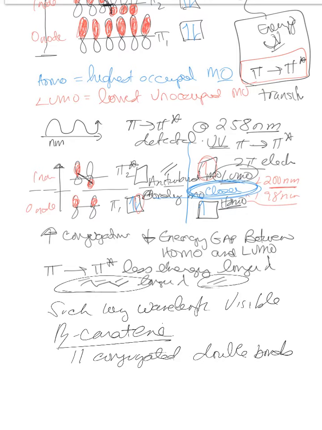So beta carotene, derivatives are in tomato. It makes tomatoes red, and it makes oranges orange. And that's the color. So once we increase conjugation, this absorbs at 454 nanometers. So that's the visible region. So it's that increase in conjugation, and what's happening is you're actually decreasing that energy gap between your HOMO and LUMO molecular orbitals.